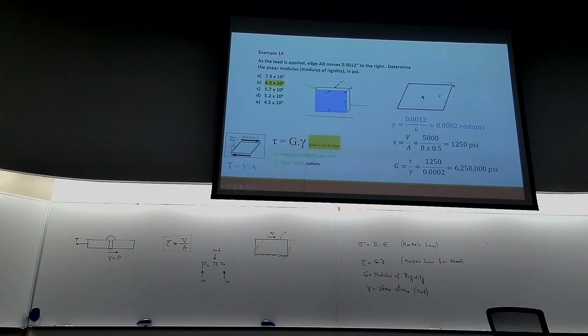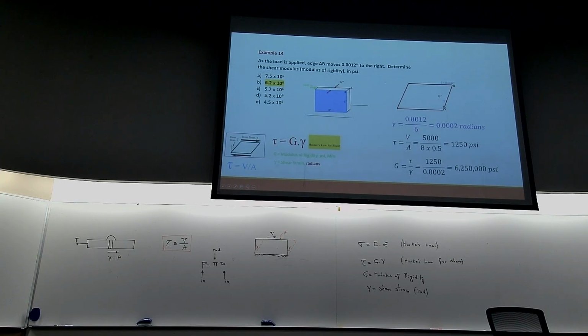This is the front view. The bottom surface cannot move. The top surface has moved to the right by this small amount. And this is the angle gamma, which must be in radians. As always, this movement delta is greatly exaggerated. Obviously, this figure is not to scale. This is a tiny number compared to 6 inches.